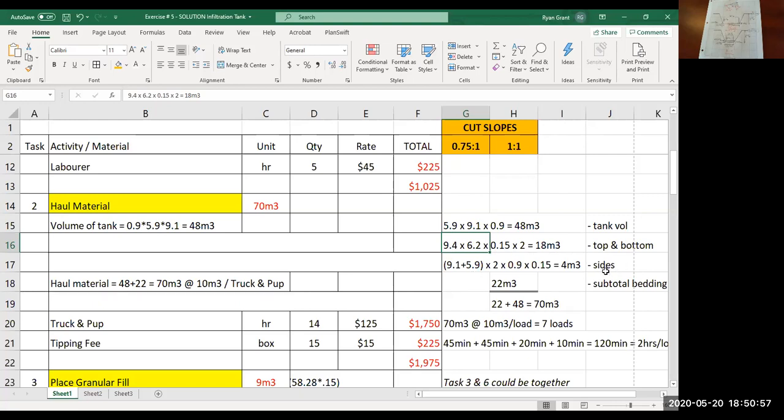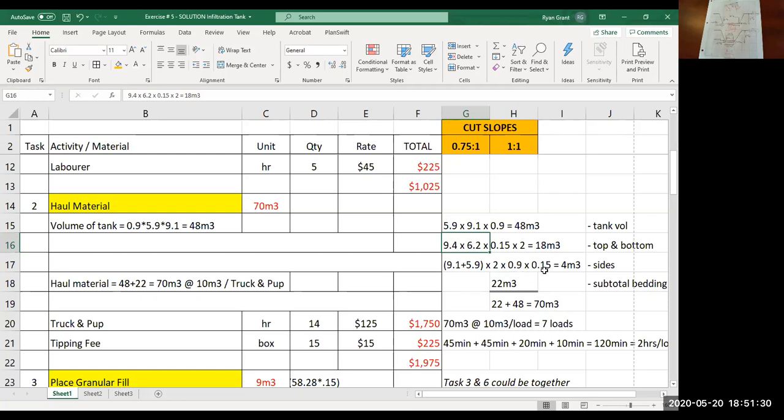And then the sides. What I show here is 9.1 plus 5.9, so that's the length of the tank plus the width of the tank, times 2. That gives you your circumference, the distance all the way around the tank, multiplied by the height. That's the surface area of all 4 vertical sides around the tank.